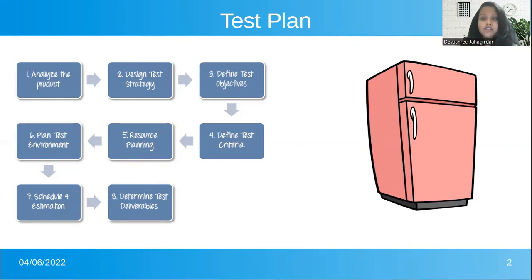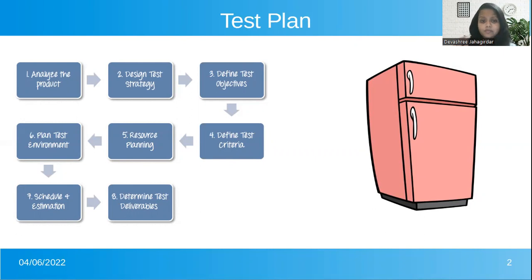Now, define test objectives. Here we list all the features of this refrigerator, like whether the doors are opening and closing, whether the light in the refrigerator is working properly, and whether the cooling of the refrigerator is up to the mark or not. So these are some objectives for the refrigerator, right?